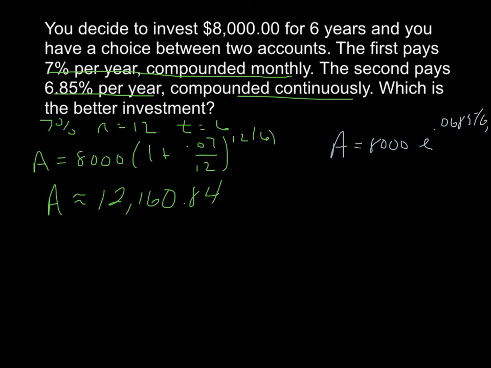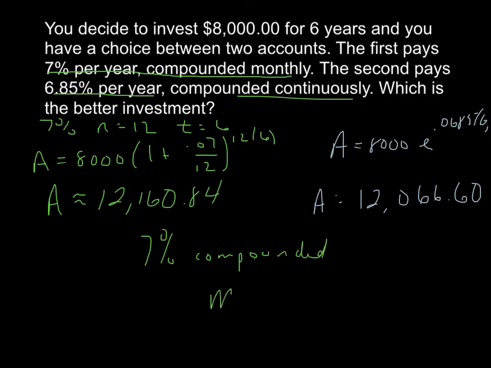Computing that, we end up with that amount being $12,066.60. So we can see that the better investment is going to be the 7% compounded monthly. That's the one that's going to make us the most money.